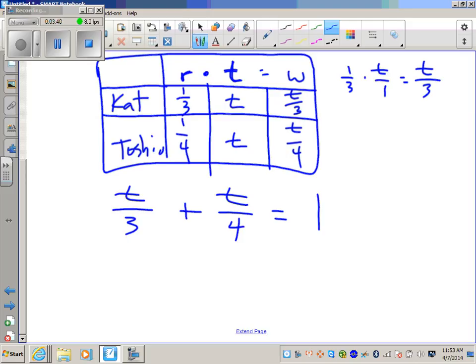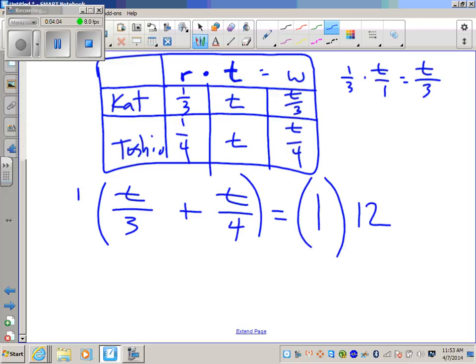So you see fractions. You see a plus sign. You have to make sure they have the same denominator. In this case, it's going to be what? 12. So what I will do is I will multiply both sides by that 12. Okay?